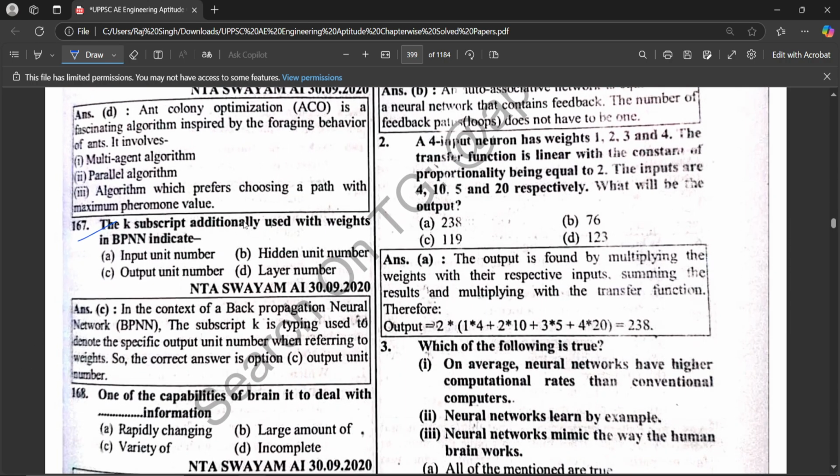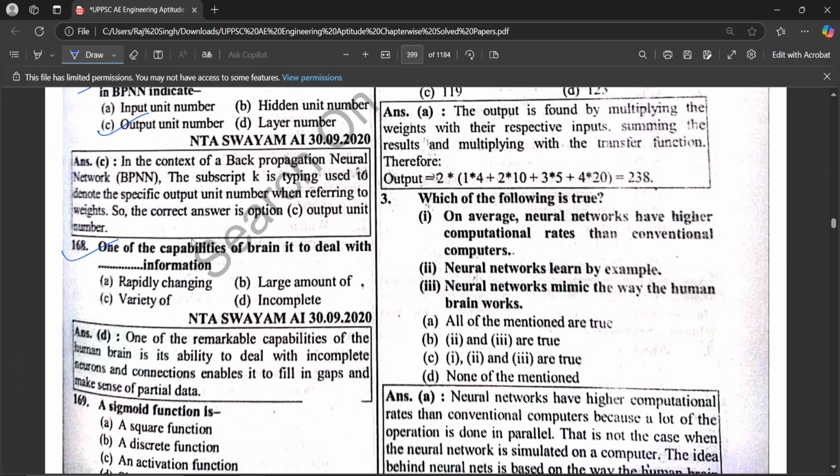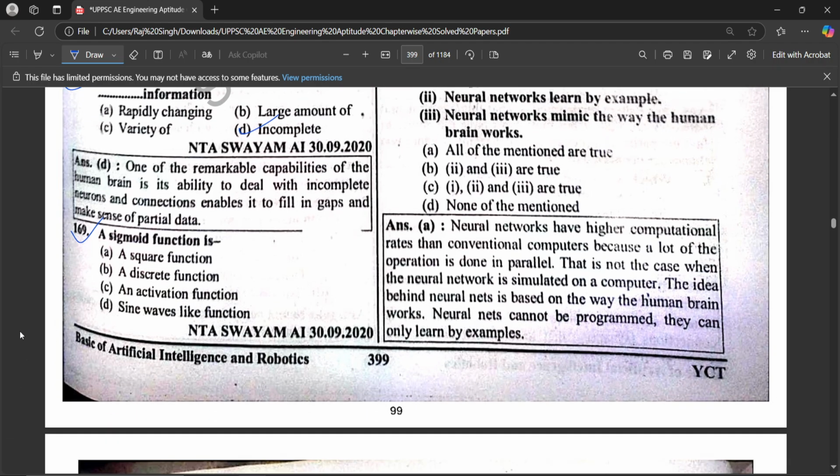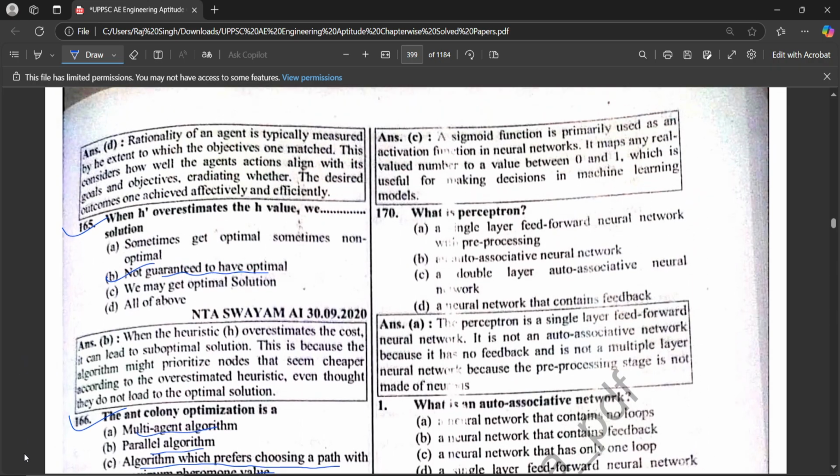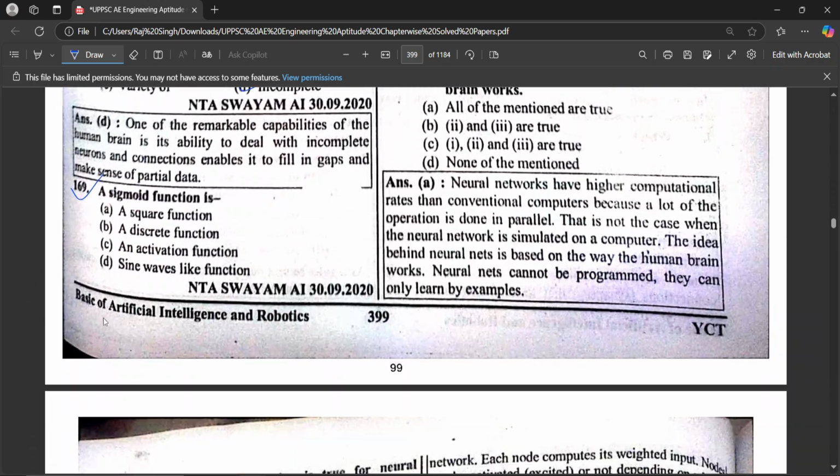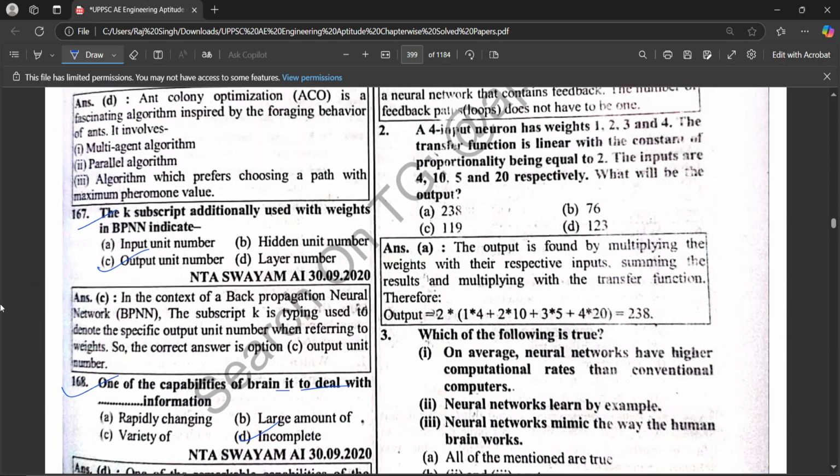The bias is additionally used with weights in BPNN to indicate which output unit number. One of the capabilities of the brain is to deal with incomplete information. The sigmoidal function is an activation function.